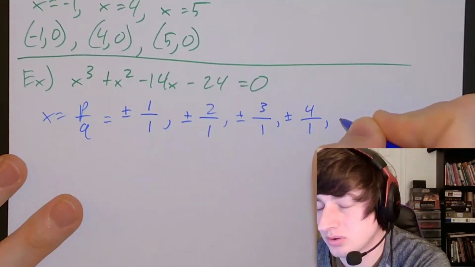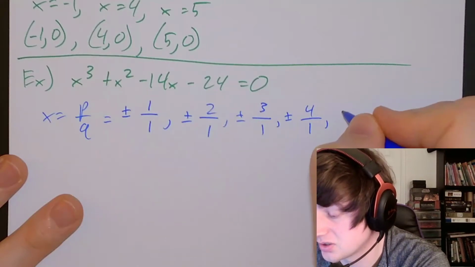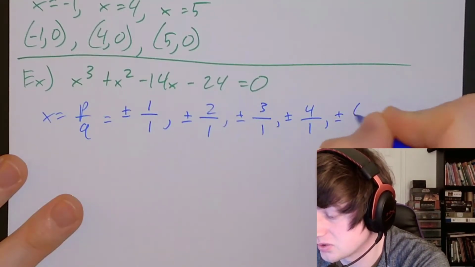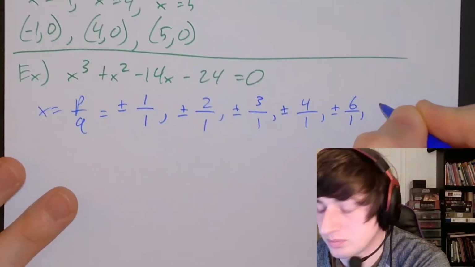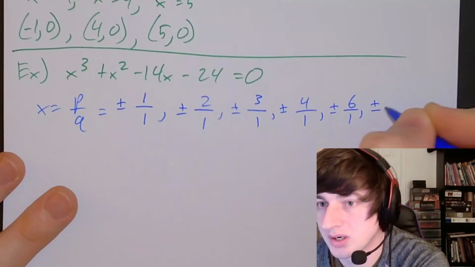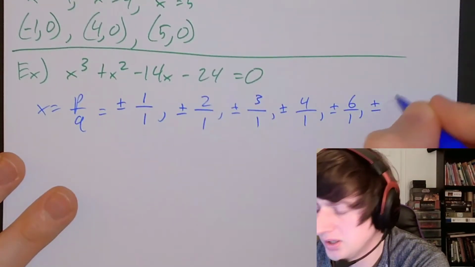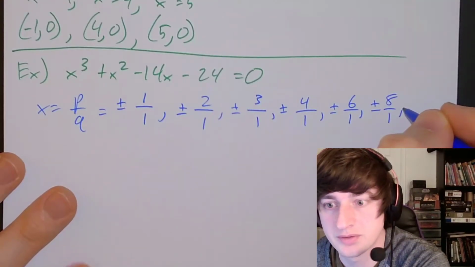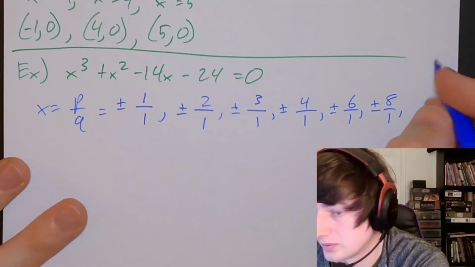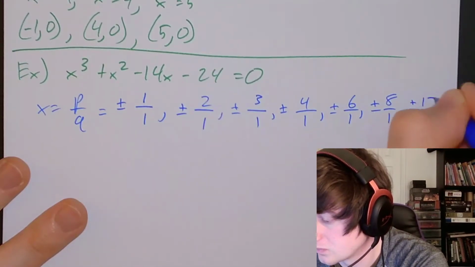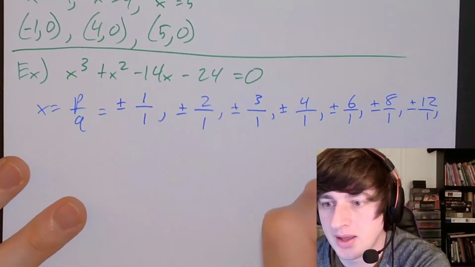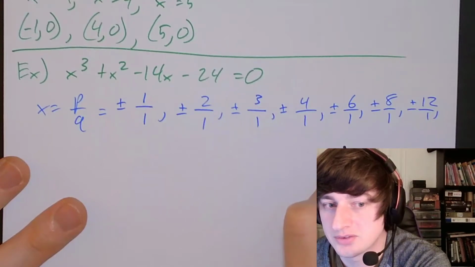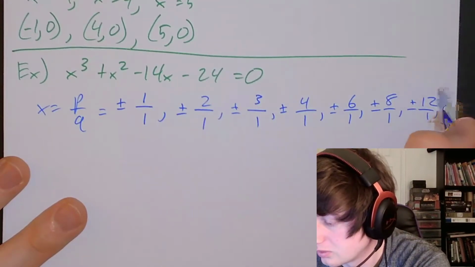You can divide 24, not by 5. You can divide it by 6, though. Plus or minus 6 over 1. You can divide it by 6, 7, 8. Not 9, not 10, not 11, 12. And lastly, 24.